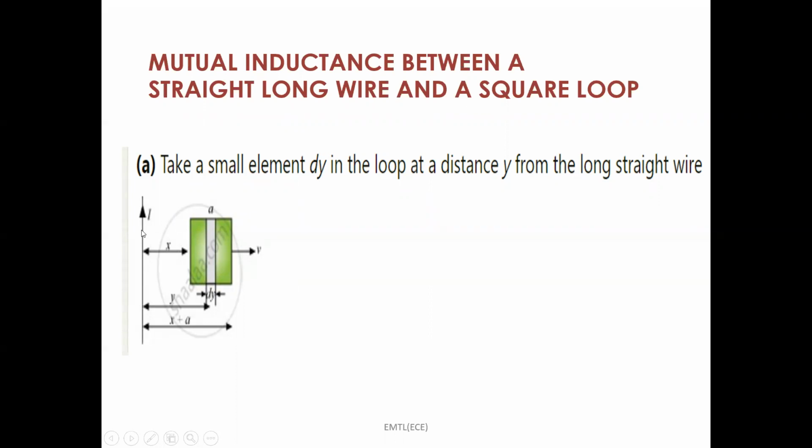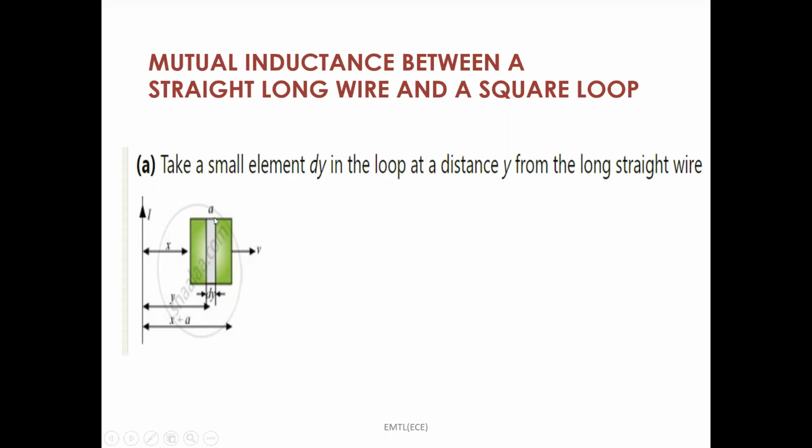First of all, you have to observe this figure. This figure represents a straight long wire and this is a square loop. Current I is passed through this long straight wire. The square loop is at a distance x from the wire.